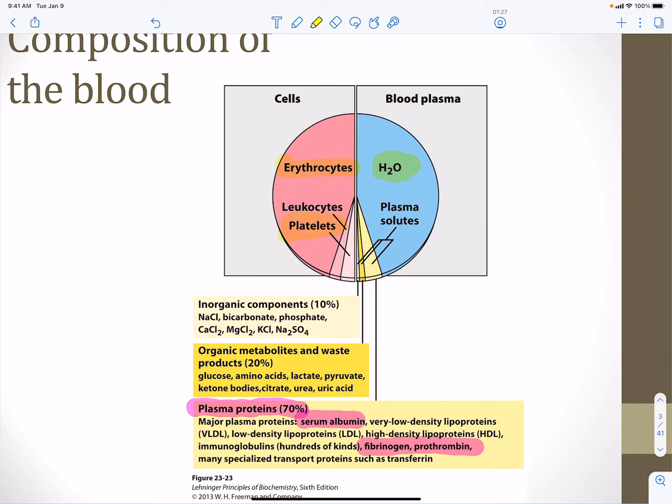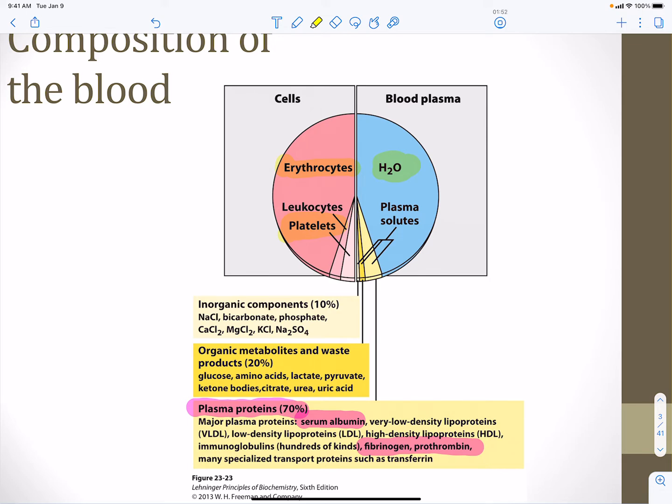So your plasma is basically the liquid form, and it contains a large portion of what is referred to as plasma proteins. And these are going to be not only the proteins we just talked about, but also this is how your electrolytes move, these are how your hormones move.